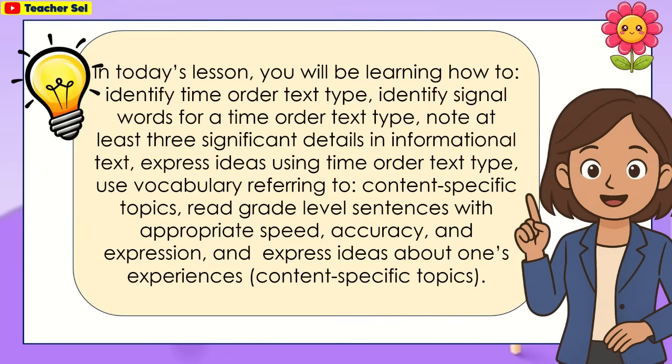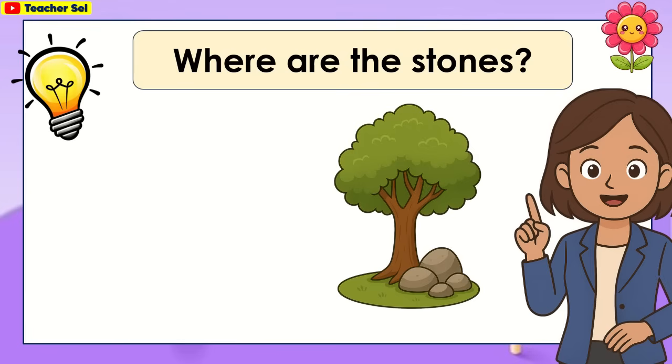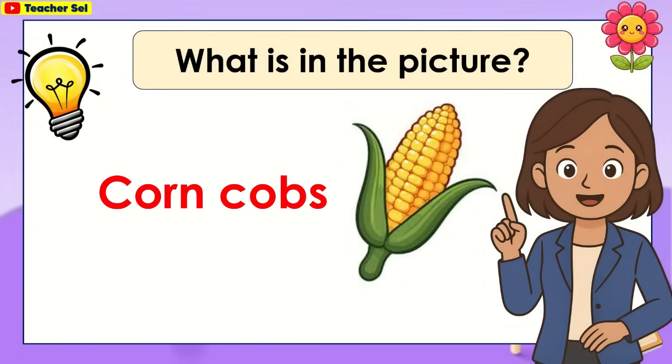Read grade-level sentences with appropriate speed, accuracy, and expression. And express ideas about one's experiences, content-specific topics. What is in the picture? Stones. Where are the stones? Under the tree. What is in the picture? Corn cobs.